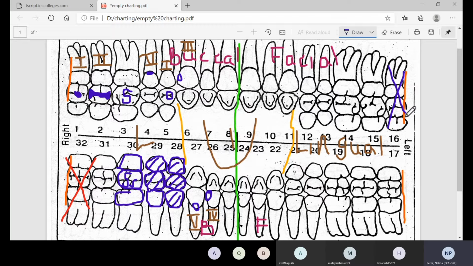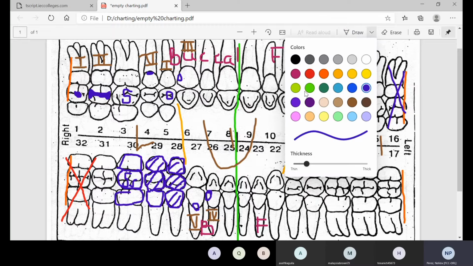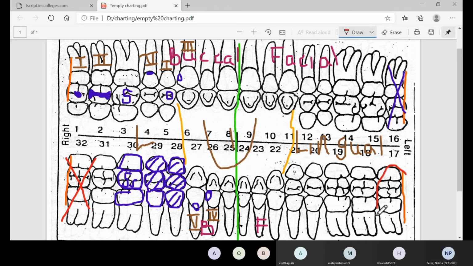Now we're moving on to 196. So on 196, if I take my red and I go around the entire tooth, including the root, what does that depict? Impacted. Yes, impacted.